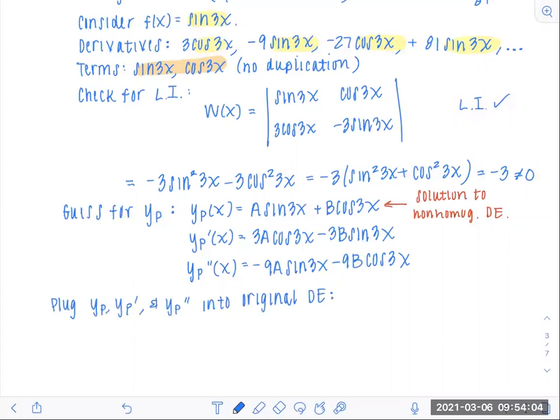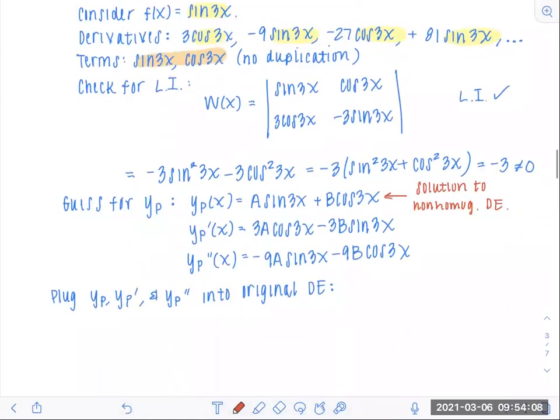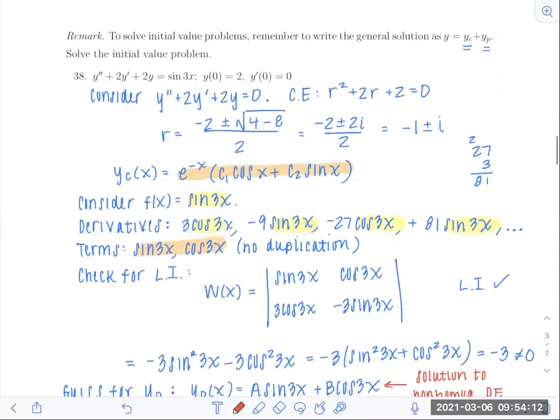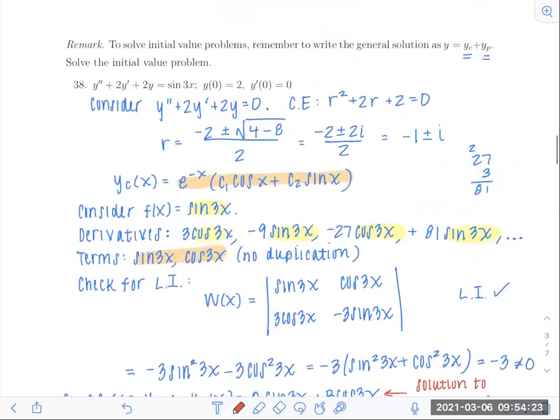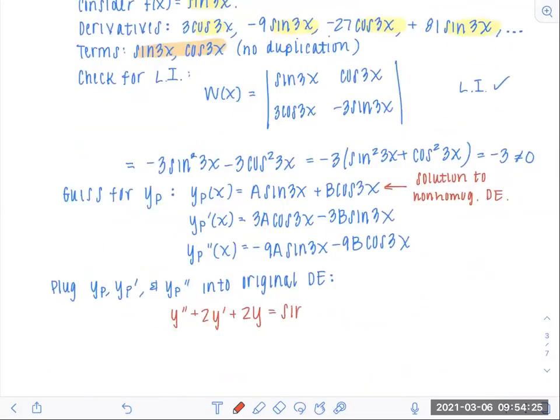So let me go ahead and just recopy that original DE so that we have it here. y double prime plus 2y prime plus 2y equals sine of 3x.